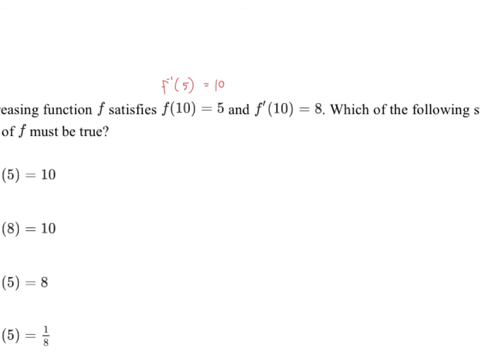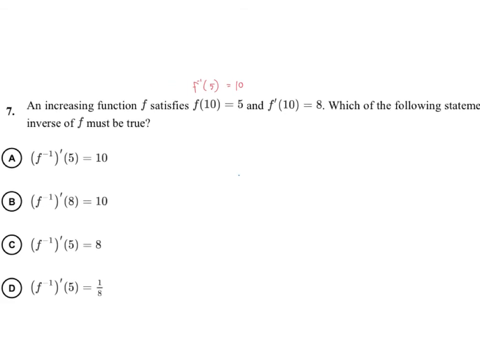This is really f inverse, and if we take the derivative of that at a certain x value, I'm going to leave that x value blank, this will be 1 all over the derivative of the regular function at some other x value. So this is just the formula for derivatives of inverses.